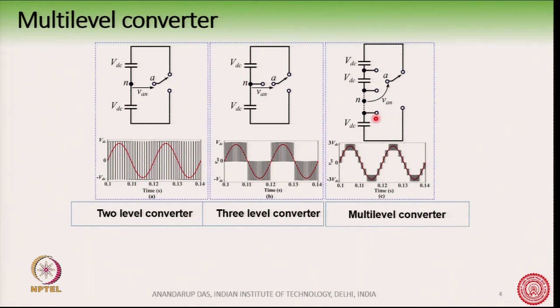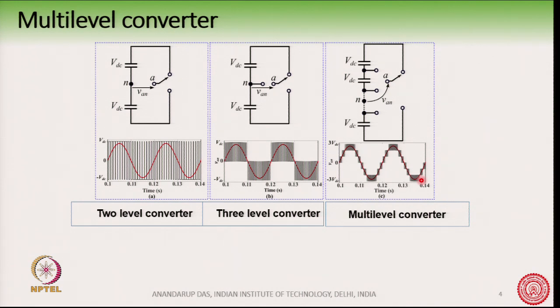So, if this pole voltage can assume many levels, then we see that, for example, the pole voltage can be connected either to this point on the top, it can be connected here, it can be connected here. So, there are several sources. So, the pole voltage can take small steps, and we can produce a pole voltage waveform like this, the black one here.